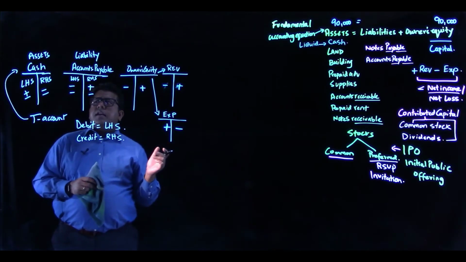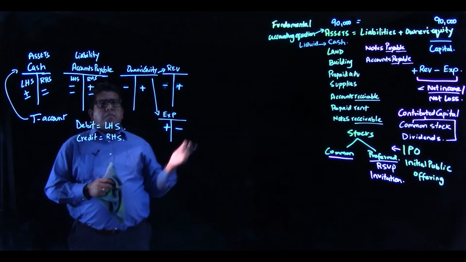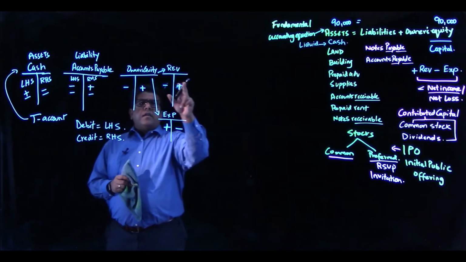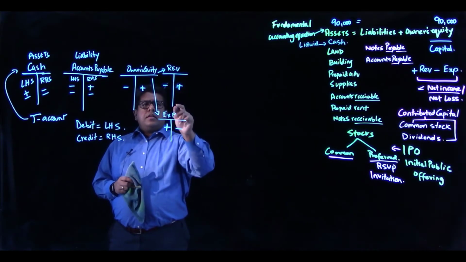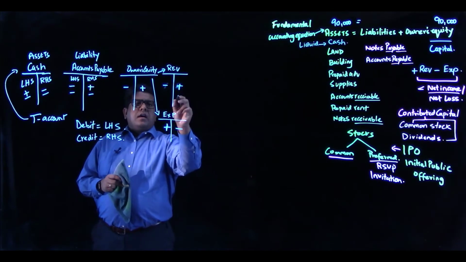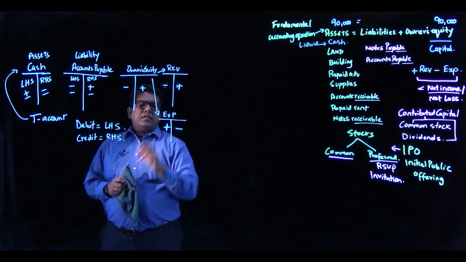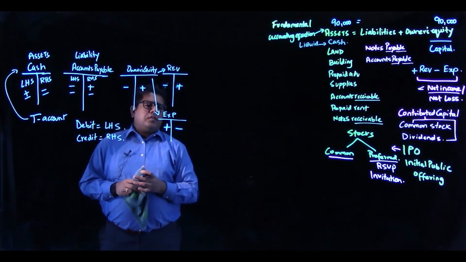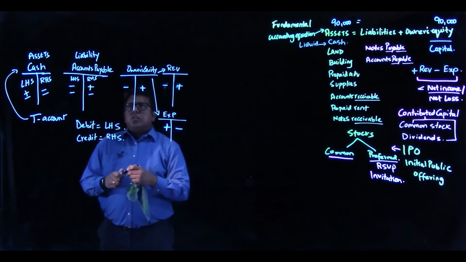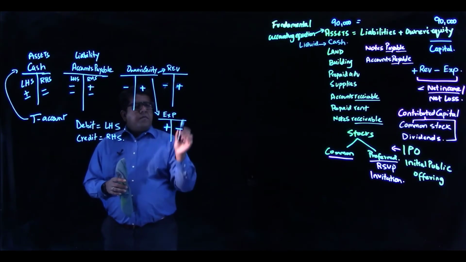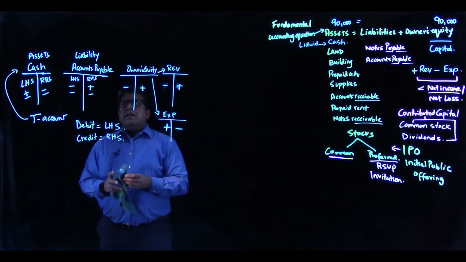Liabilities on the left-hand side go down, on the right-hand side go up. Owner's equity goes down on the left and up on the right. Revenue goes down on the left and up on the right. Expenses increase on the left-hand side and decrease on the right-hand side. So this is the fundamental accounting framework of your T accounts.